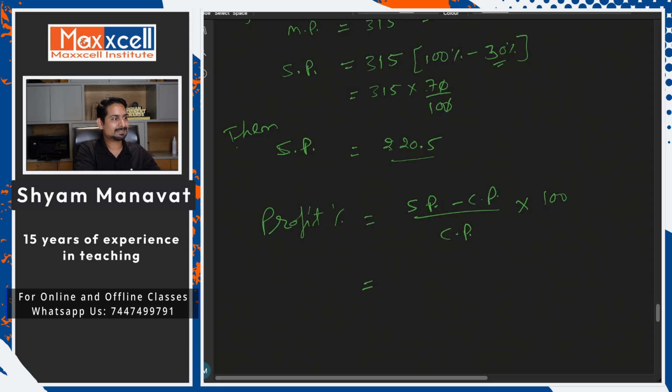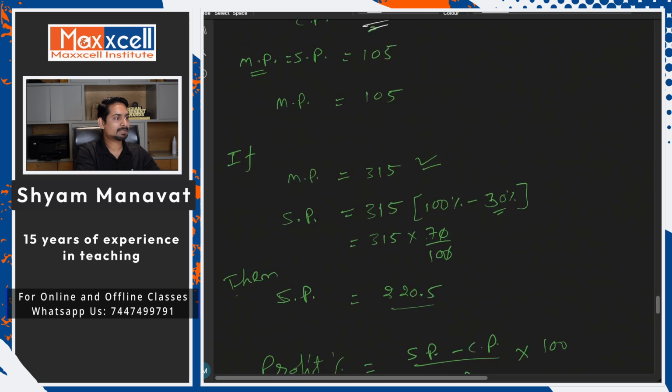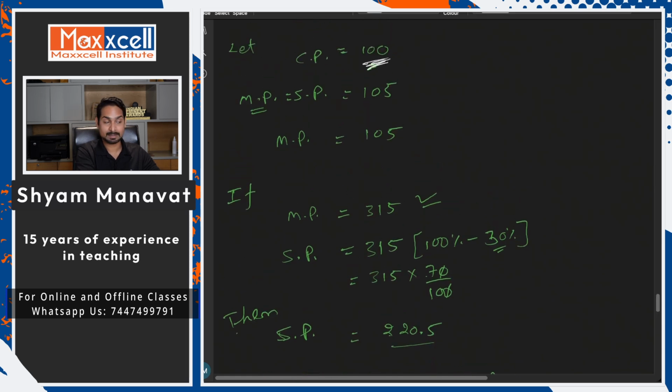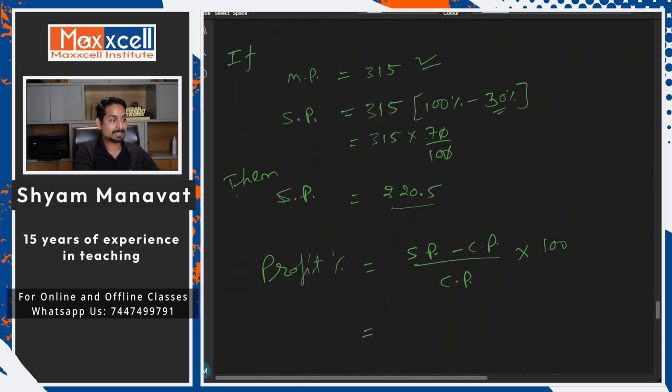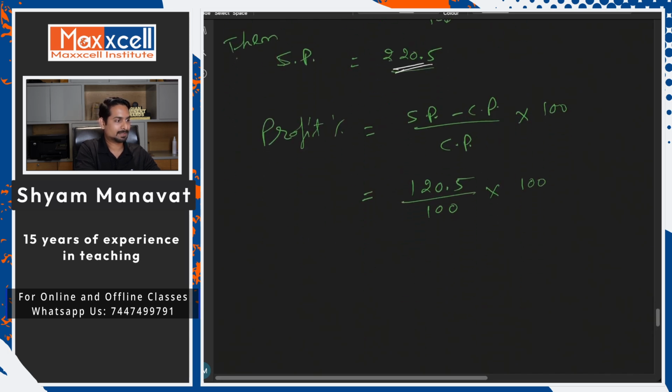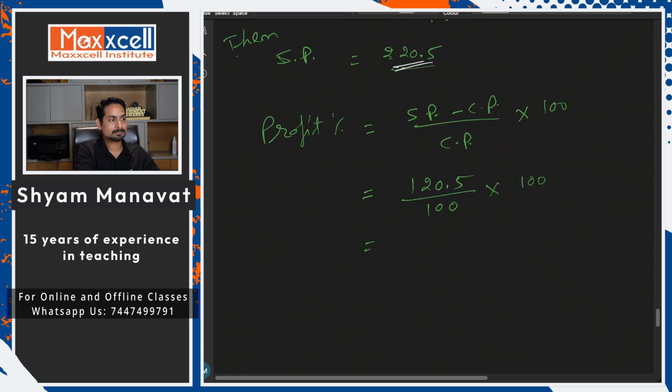The cost price is unchanged at 100 rupees, the new selling price is 220.5, and the difference is 120.5, divided by the cost price 100, multiplied by 100. So the new profit percentage is 120.5%. Yes, that's the answer.